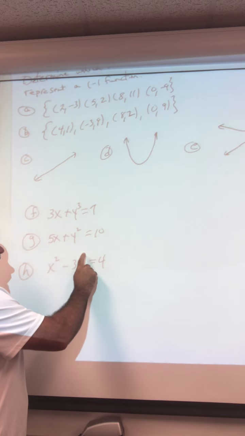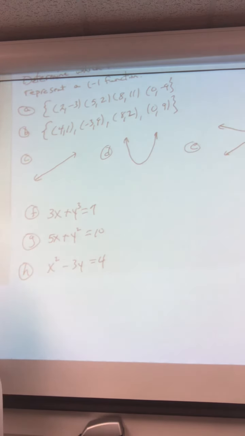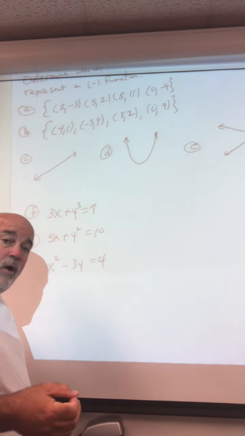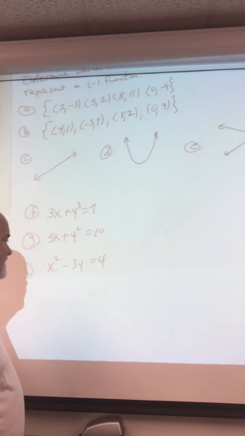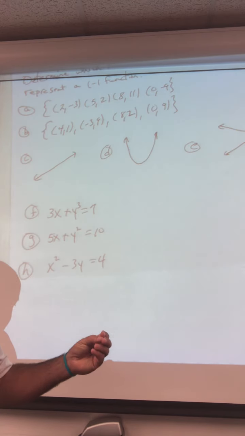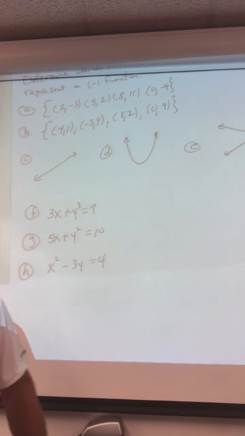Biggest power of y is not even, and y is not in absolute value. So this is a function. But is it a one-to-one function? Now check the x's. Biggest power of x is even, so no. This is not a one-to-one function. It's a function, but it's not a one-to-one function because of that even power on x.